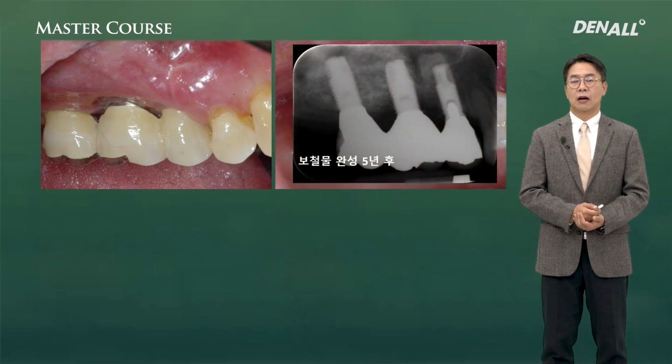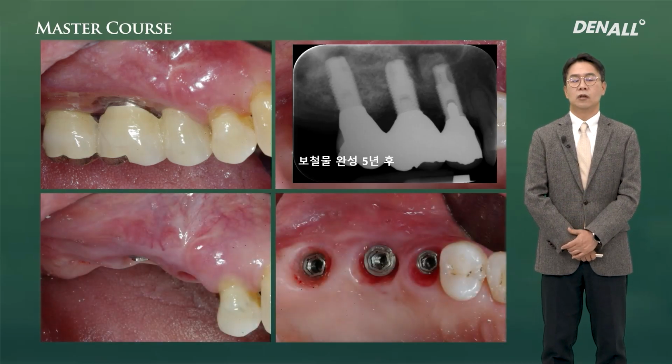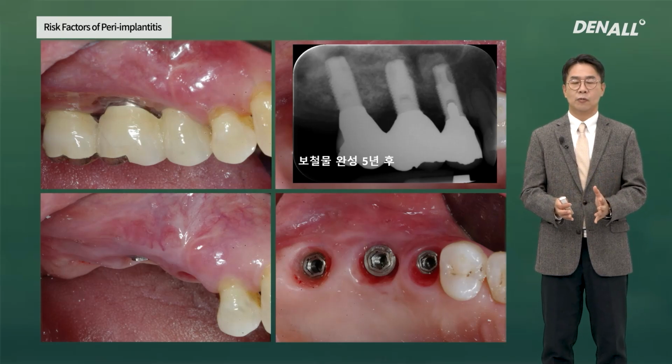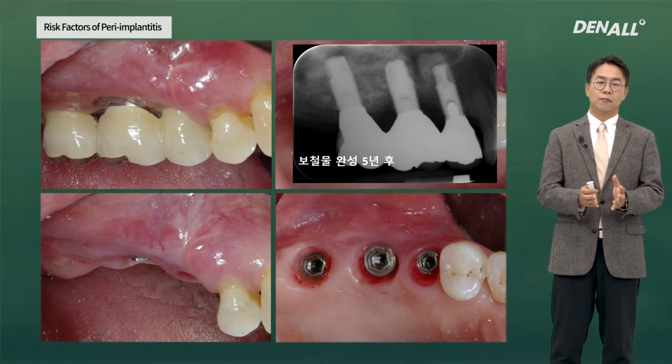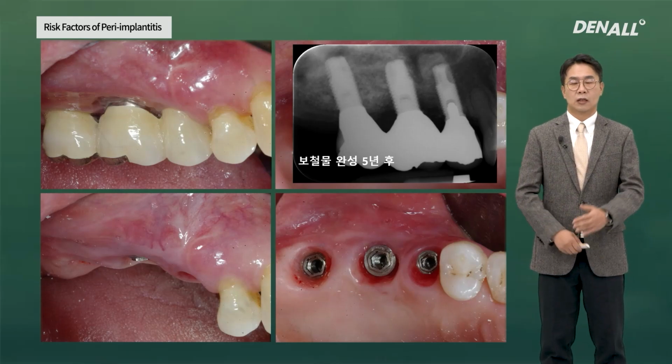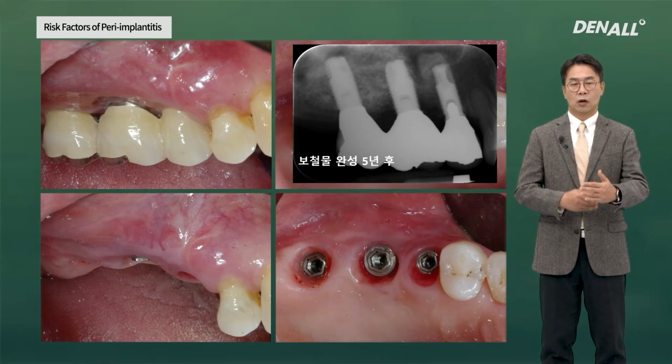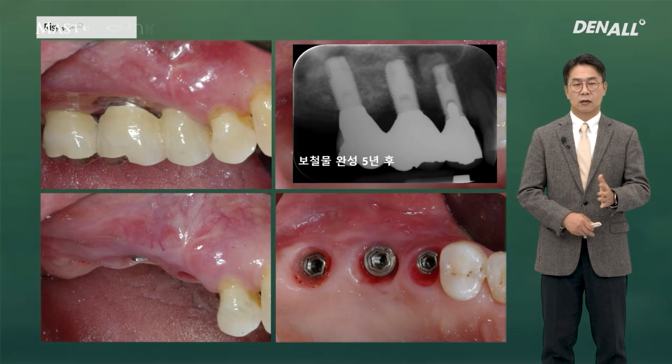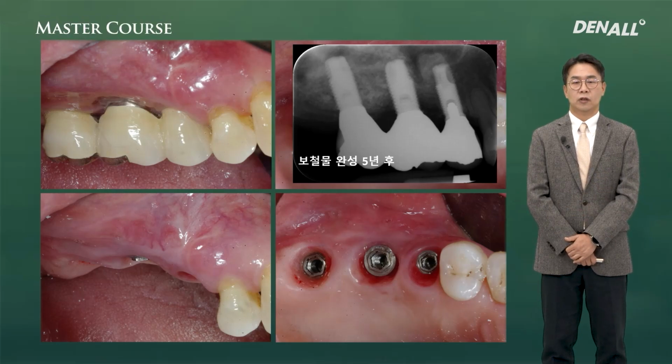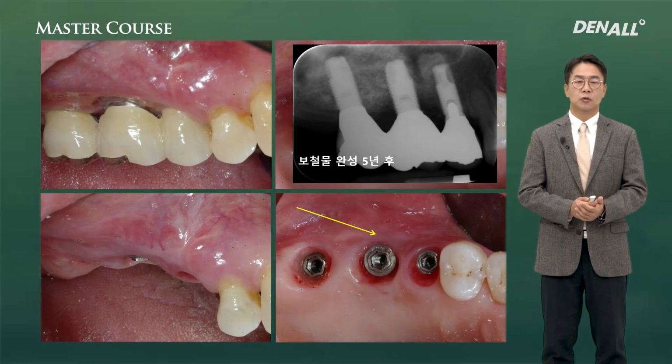However, if you look at the X-ray, you can see the bone loss, and if you remove the prosthesis, forms look different. If you look at the middle implant, keratinized gingiva is not sufficient, so is the vestibular depth. So there can be some risks.